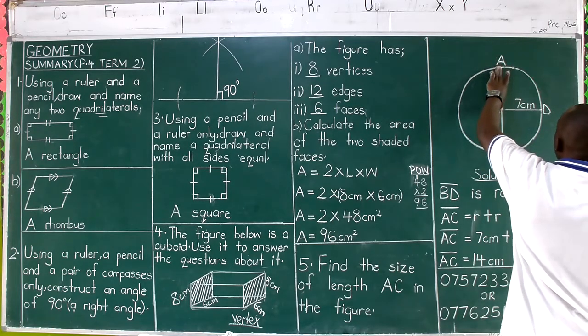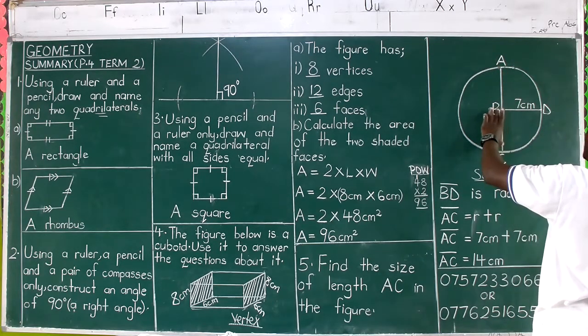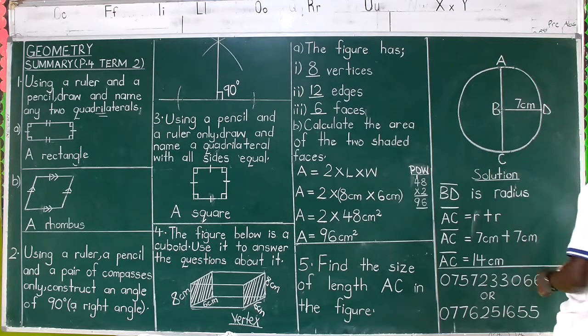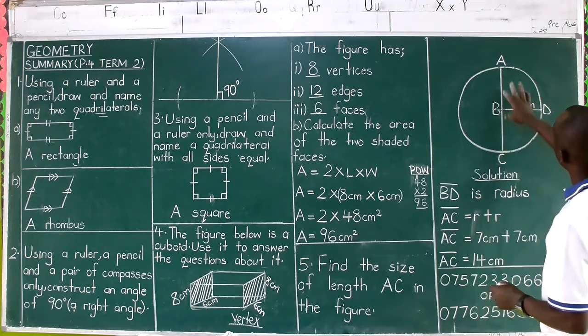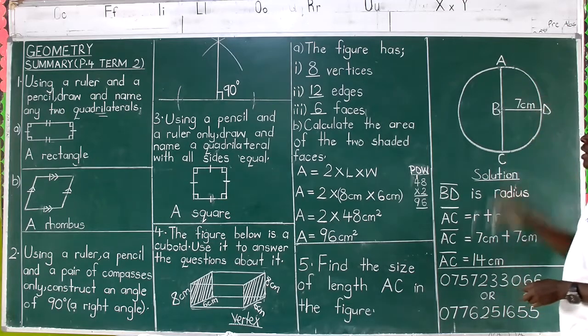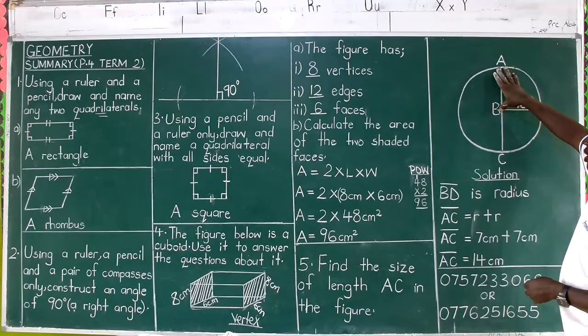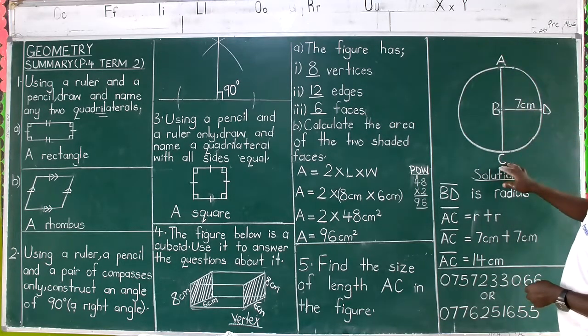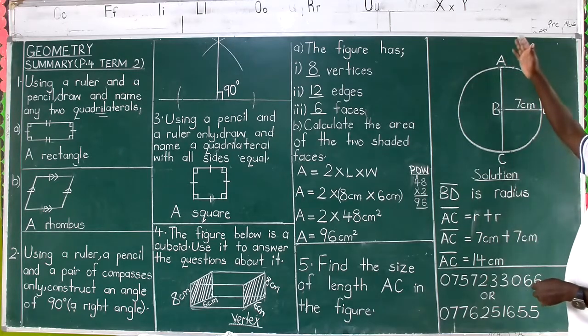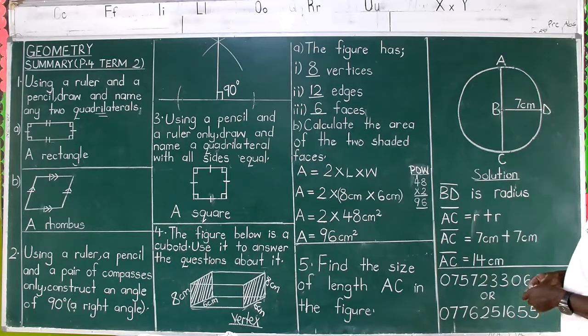So from A up to B, that's radius. Then from B up to C is also radius. When they are brought together, those 2 radii make 1 diameter. So AB then BC make AC. So the whole AC is called diameter. And any line drawn from the circumference to the center is called radius.